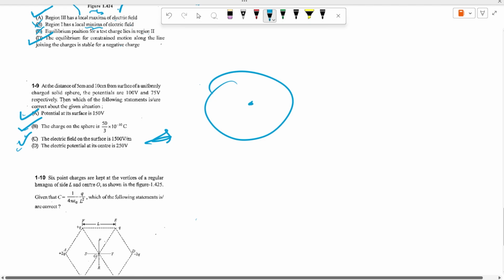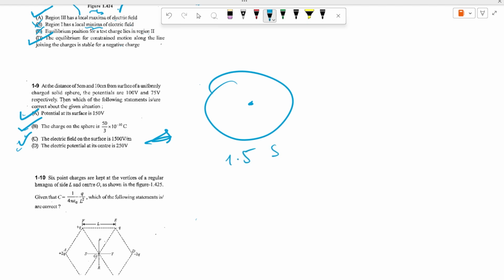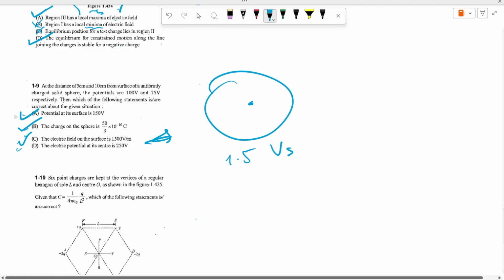So it would be somewhat like 1.5 times the surface potential, Vs. That should give us the electric potential at the center, which equals 1.5 into 150, and this gives us 225, which is still incorrect. So yeah, A, B, C are correct.